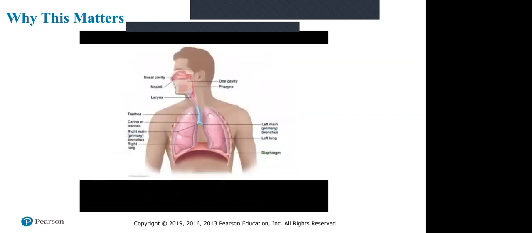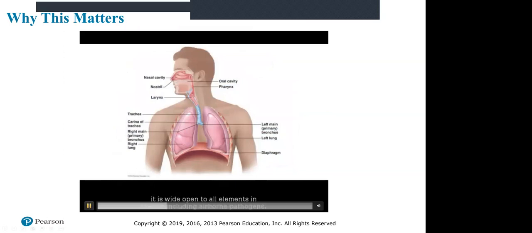Since the respiratory system brings oxygen from the air into the body, it is wide open to all elements in the air, including airborne pathogens. As a result, the respiratory system is especially susceptible to infectious diseases.